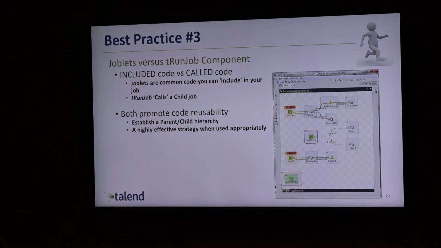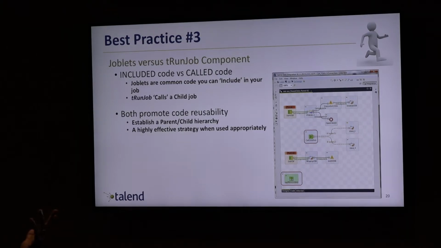You're not actually processing data. It's basically a template. So a joblet is just a template. tRunJob is where you're actually running the job, so it has a source, it could have a target and things like that inside a job. Typically you need that. So that's what you will use joblets for.